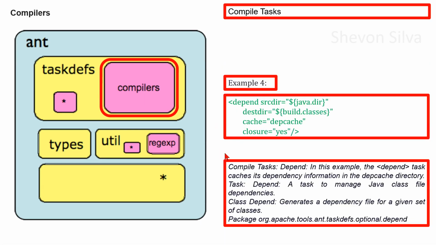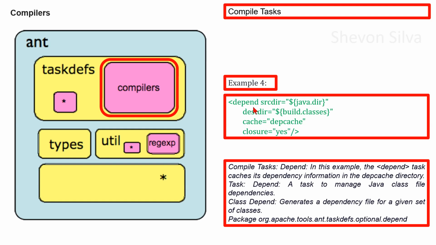Now we are focusing on depend in compile tasks. In this example, the depend task caches its dependency information in the dep cache directory.